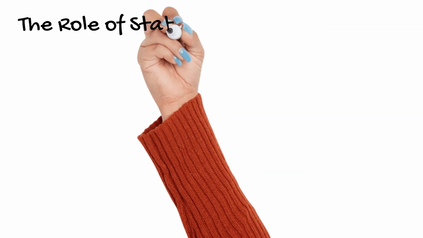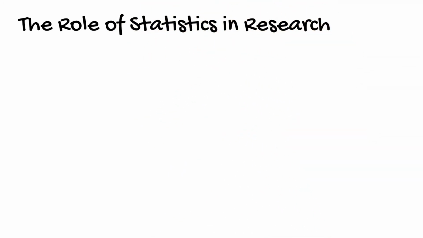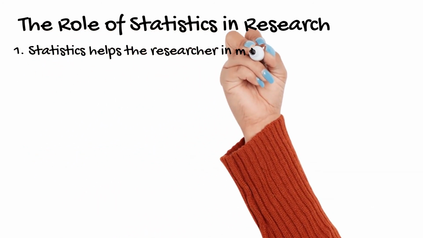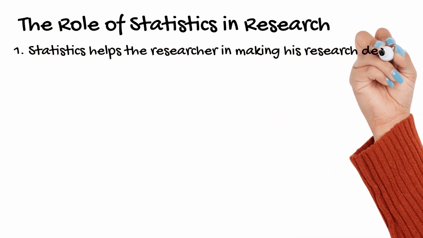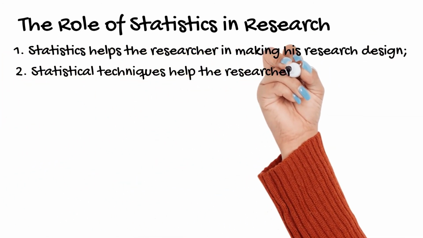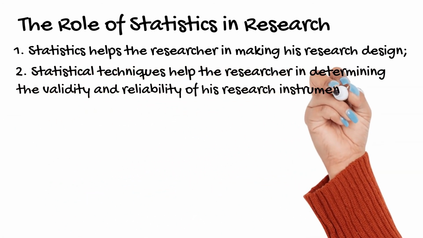Now let us discuss the role of statistics in research. Number 1. Statistics helps the researcher in making his research design. Number 2. Statistical techniques help the researcher in determining the validity and reliability of his research instruments. Number 3.